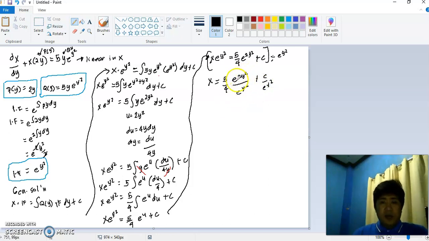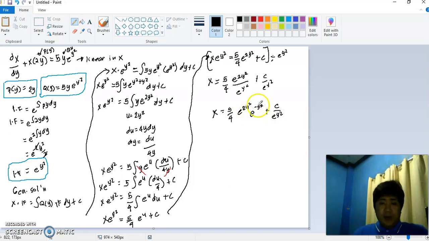So x equals 5 over 4 e to the 2y squared times e to the negative y squared, plus c over e to the y squared.